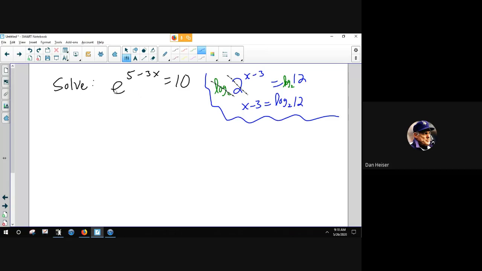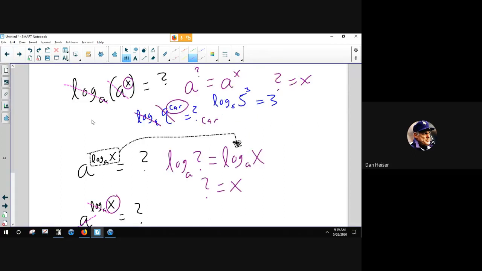What eliminates a base e? Natural log. Natural log of both sides. The natural log of base e cancels.